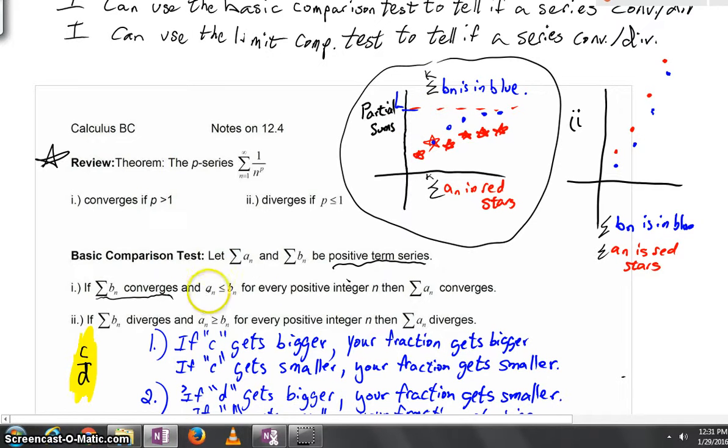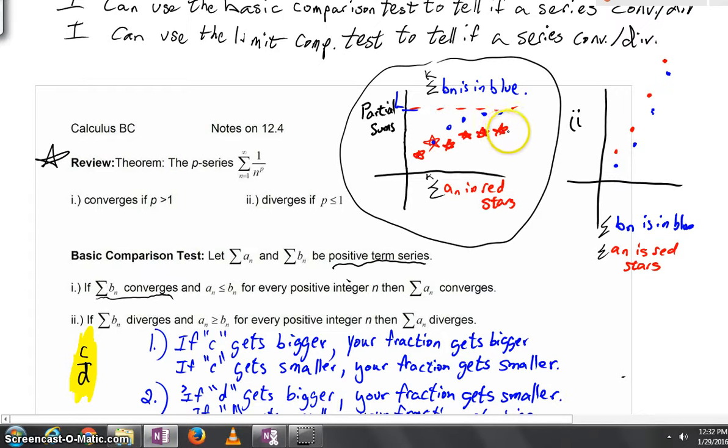Now, if a sub n is smaller than b sub n, term by term by term, that means its partial sums must also be smaller than b sub n. So a sub n in partial sums would be in red stars, and you could see its partial sums are going to be leveling off as well.